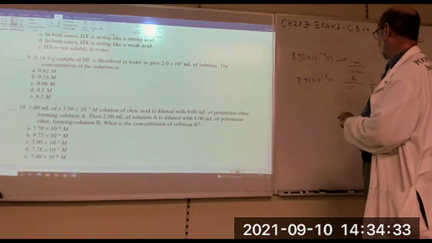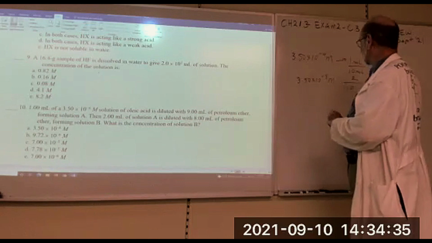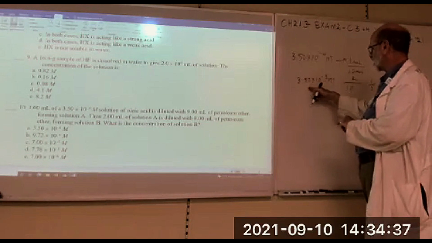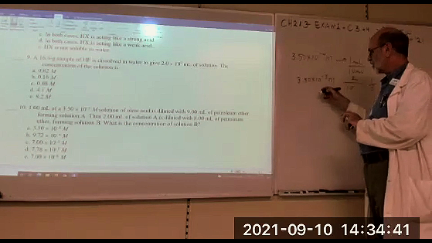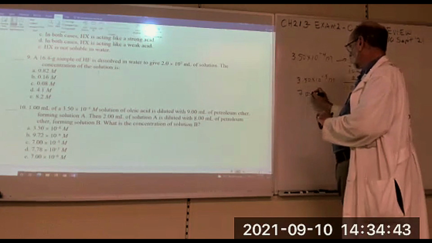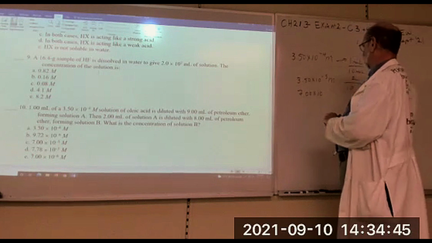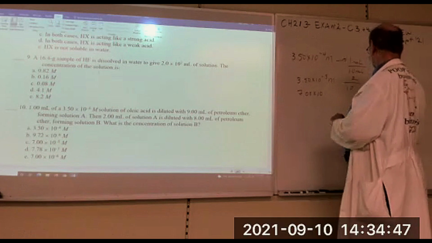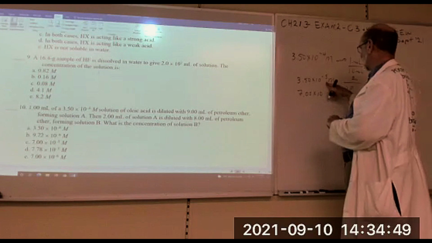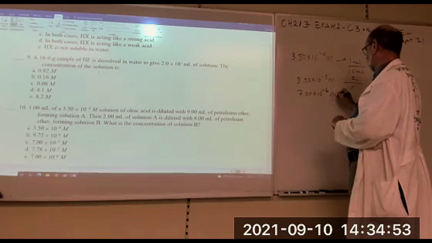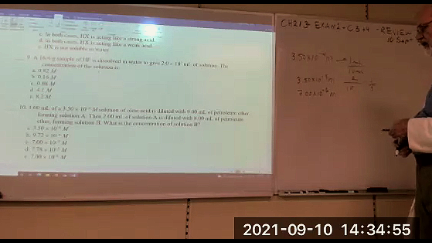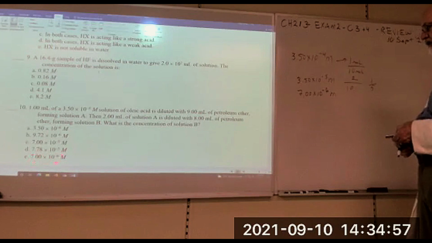Well, let's see. 1/10 would be 10 to the minus 6. Well, 1/5 would be twice as much as that. So this is going to be 7 times 10 to the minus 6 molar. There you go. Is that one of the answers? There it is.